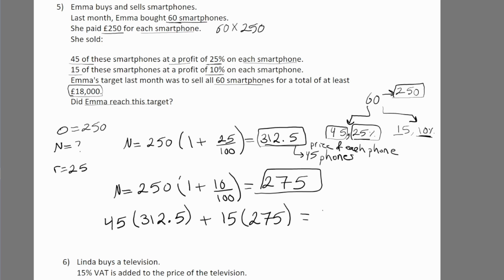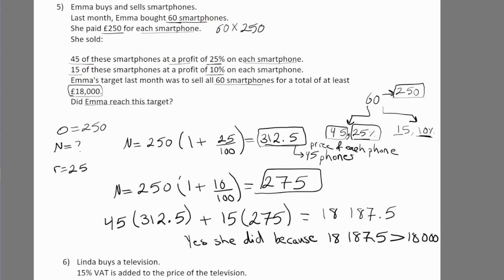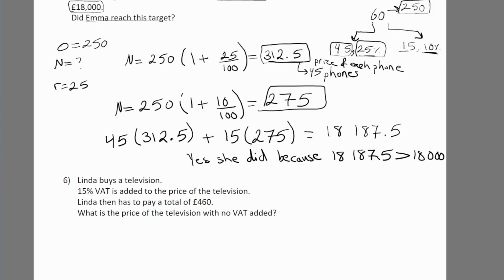So the total amount of money she made was 18,187.5. Her target was 18,000. So did she reach it? Yes, she did. And the justification is because 18,187.5 is bigger than 18,000. Okay, let's move on to the next question.